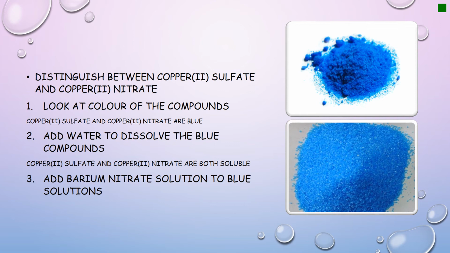We've looked at the colour, they were both blue, didn't help us. We dissolved both in water because they were both soluble, and then we added barium nitrate solution. So when we had copper nitrate solution, this gave us no observable change because there was no reaction. And when we added it to the copper sulfate solution, we got a white precipitate of barium sulfate.